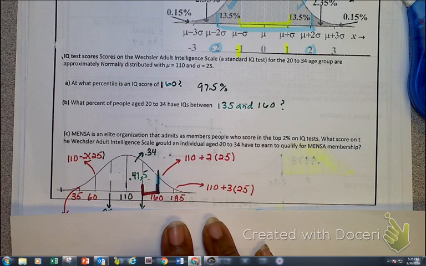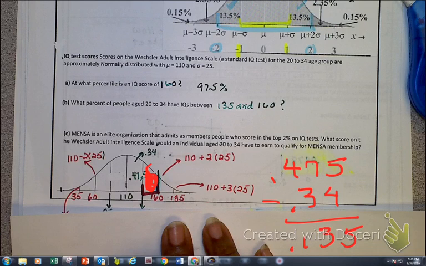You're going to be subtracting the 0.475 minus the 0.34 to get this region that's right in here to be 0.135.